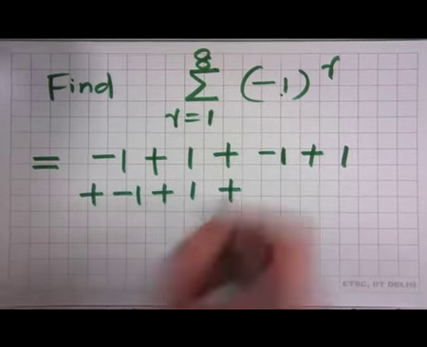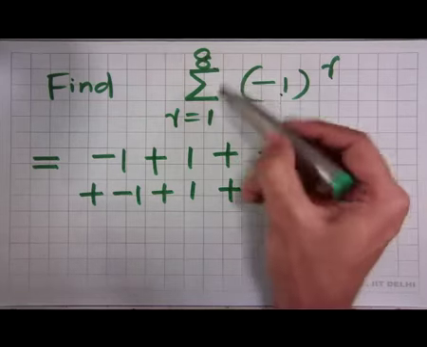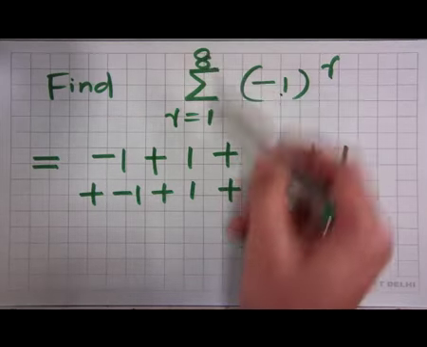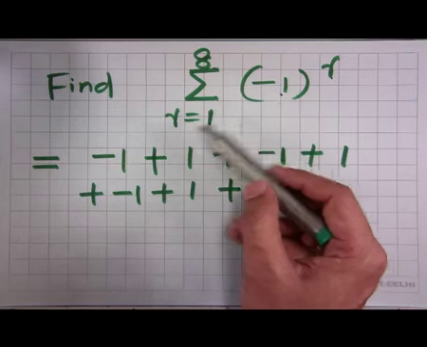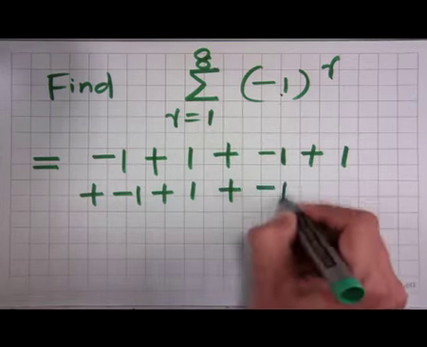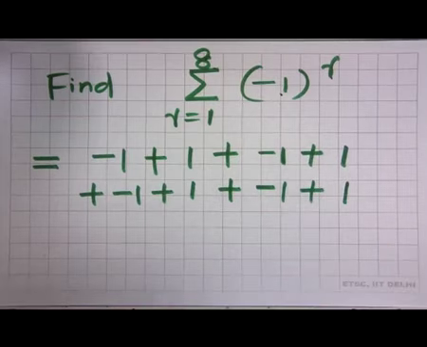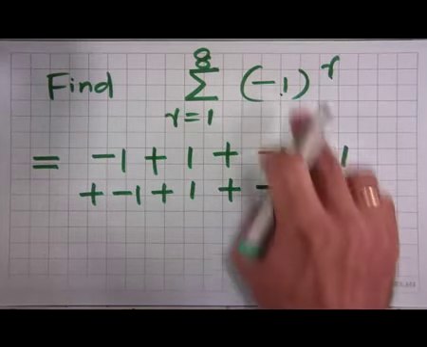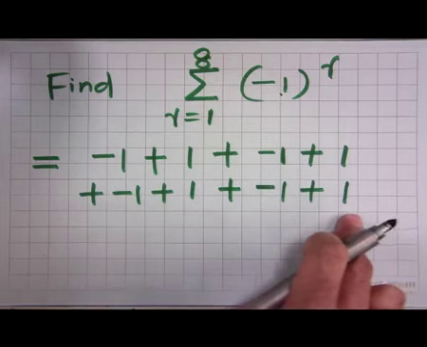Upper limit is 8, lower limit is 1. So, you are dealing with 8 terms. The last term is minus 1 power 8, which is 1.